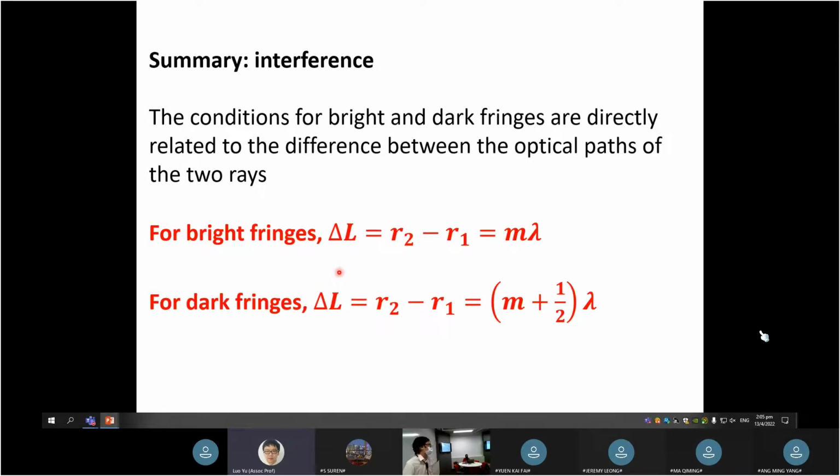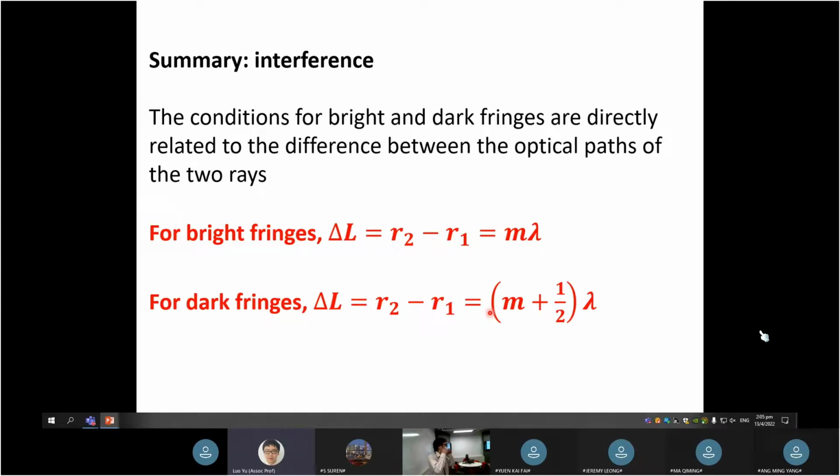Whether it's a bright or dark fringe depends on the optical path difference between these two beams of light. If R1 and R2 are the optical paths for the two beams, then if their difference is equal to an integer times lambda, at that position we will get a bright fringe. If their difference is equal to a half integer, n plus 1/2 times lambda, that will be a dark fringe.